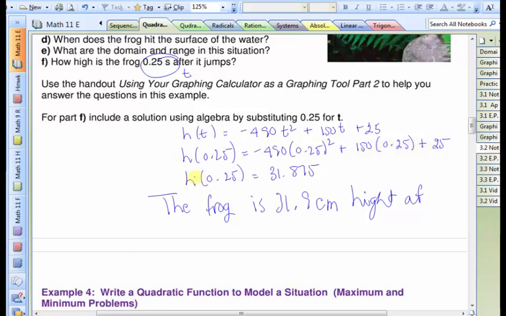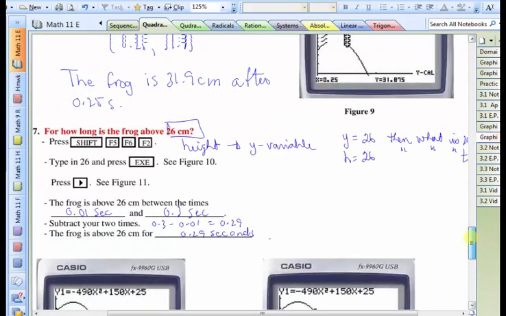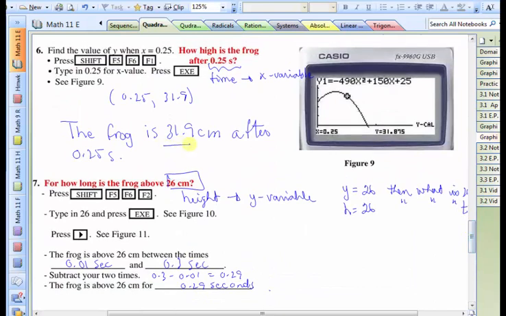Plug all of that into your calculator and you will get 31.875, and so the frog is 31.9 centimeters high after 0.25 seconds. Okay, and if we go back to our work with our graphing calculator, you can see that you get exactly the same number. Okay, that concludes this example number 3.